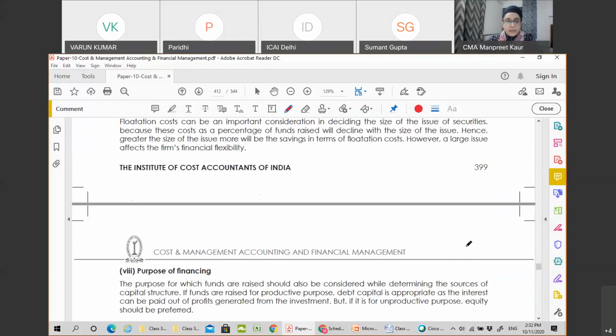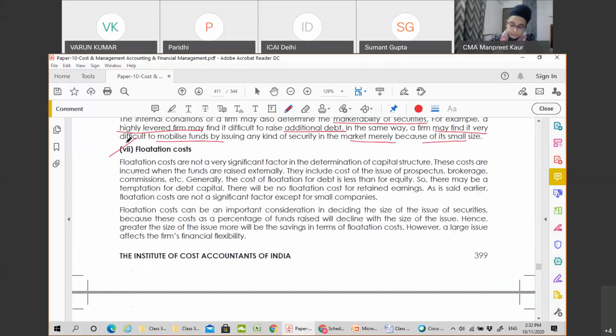Next is the flotation cost. What is the flotation cost? Flotation cost, as the name indicates, means underwriting commissions and these types of costs incurred on the securities. So these costs are incurred when the funds are raised externally.